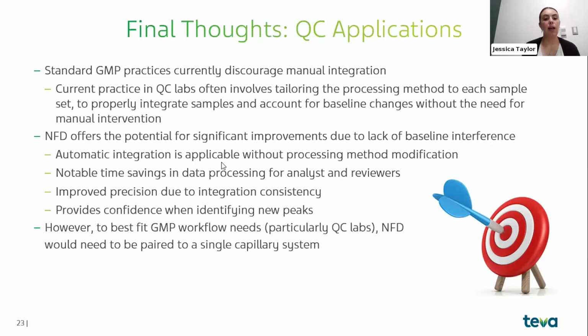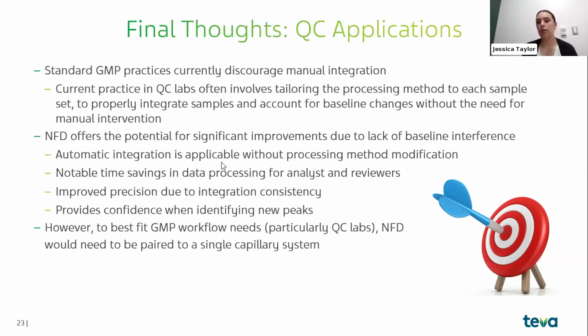So the way that most QC labs work involves tailoring a processing method to each sample set to properly integrate samples and account for baseline changes without needing manual integration. So native fluorescence detection could potentially significantly improve this workflow because of the lack of baseline interference. This would allow automatic integration to be possible without having to modify your processing method every time.